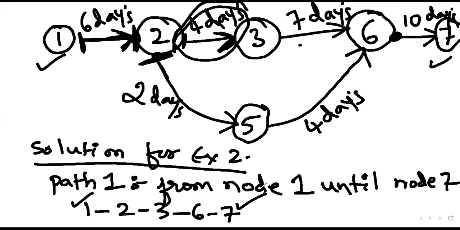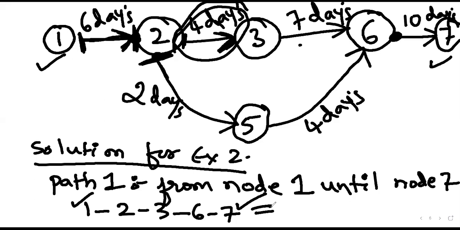For both of these, the first activity is important. What is the first activity? You have to set up the hiring office, only then can you start all these things. Otherwise it's not possible. That is the reason the first path is 1, 2, 3, 6, 7.